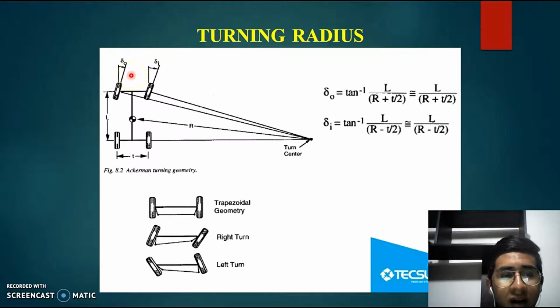We draw a perpendicular to the side and turn the steering so the tire can move, and there we will have an angle, alpha and beta. But you have to take into account that you have to form 90 degrees with respect to the turning.